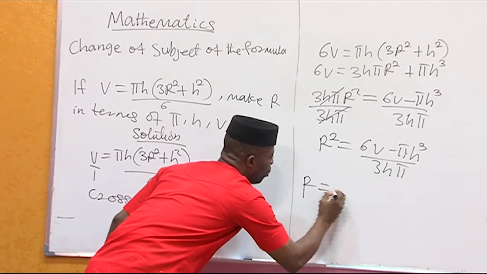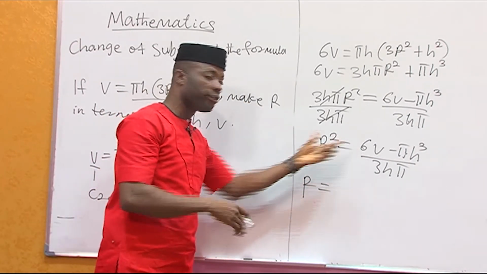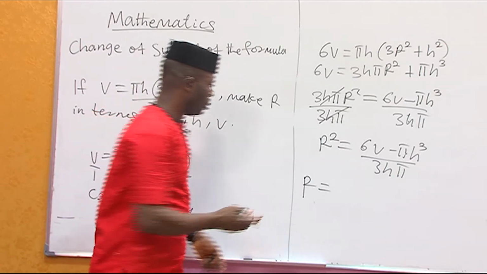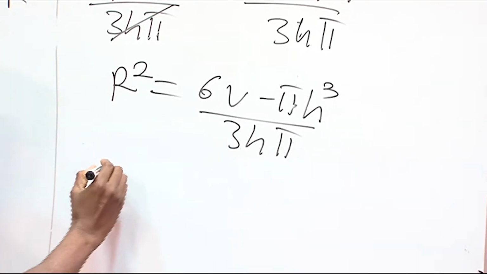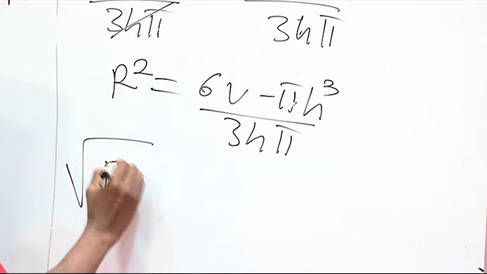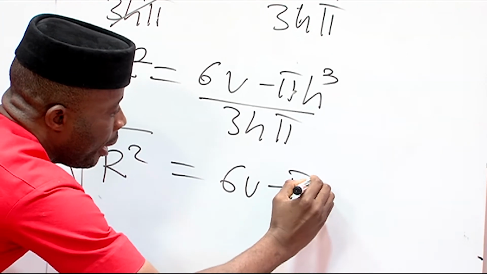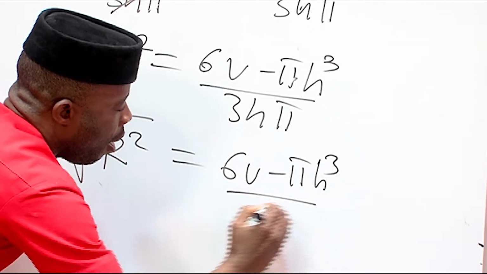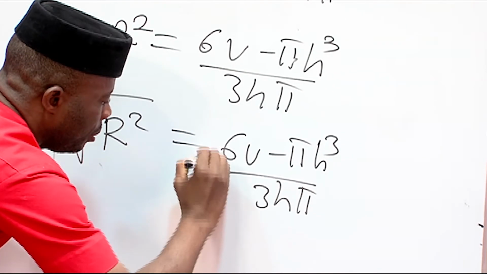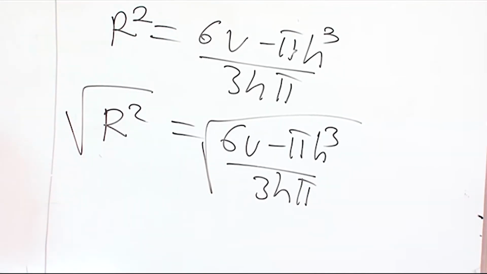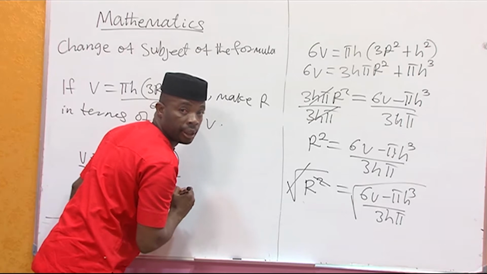So R is equal, or you find the square root of both sides. That is to say that we have the square root of R square equals the square root of (6V minus pi h cubed) over 3h pi. So this square will cancel this square.